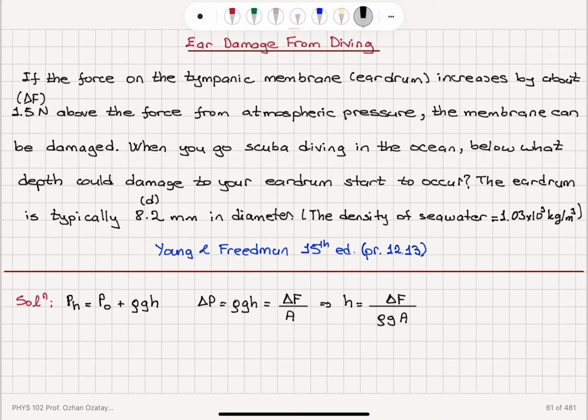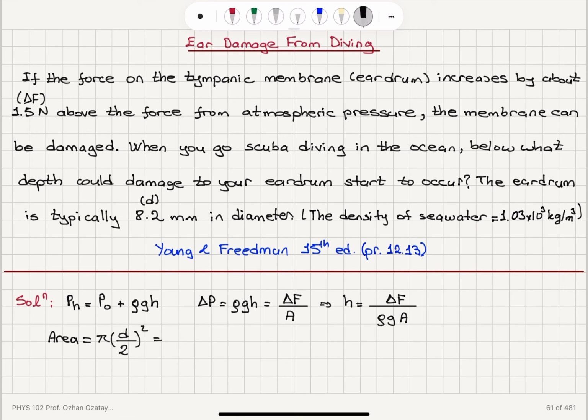Now what is this area A? It's the cross-sectional area of our eardrum, which is πr squared. It has a diameter d, so the radius is d divided by 2, squared.